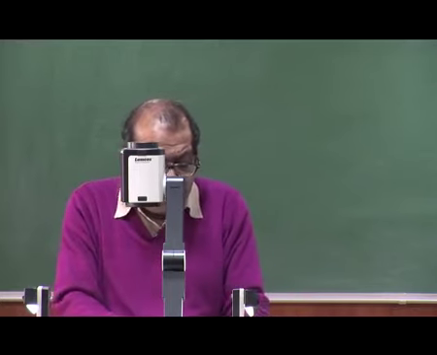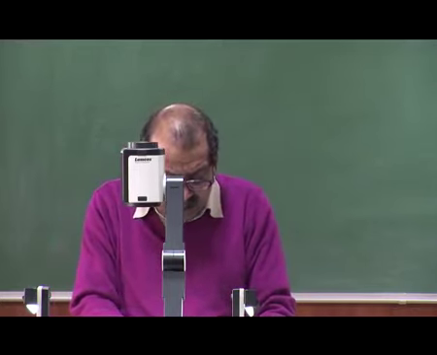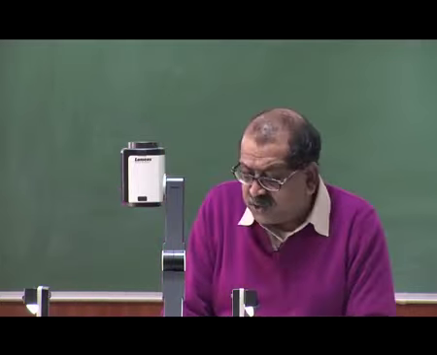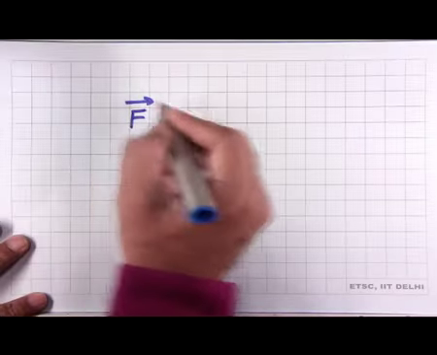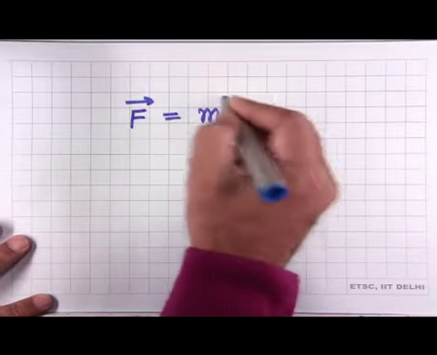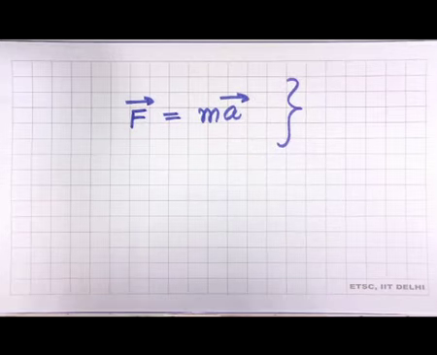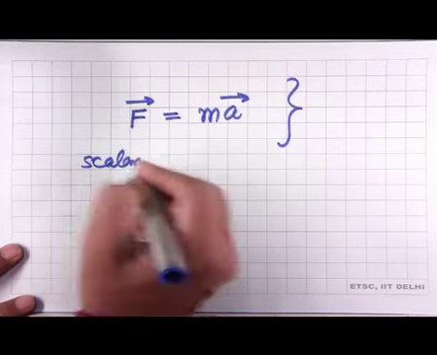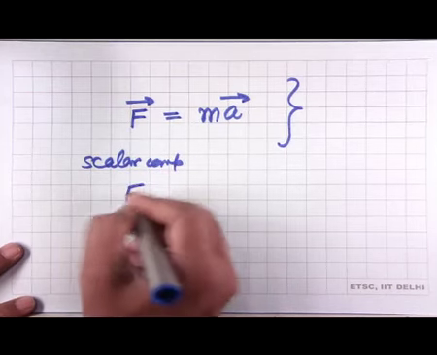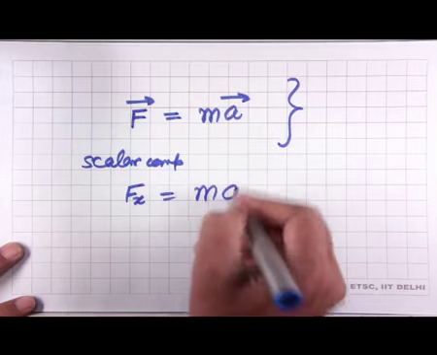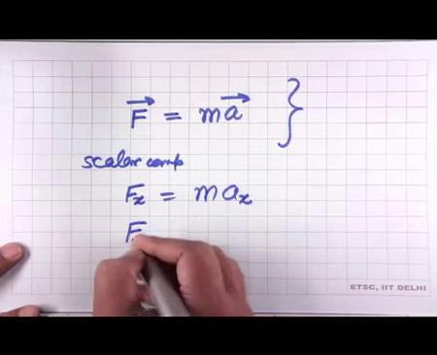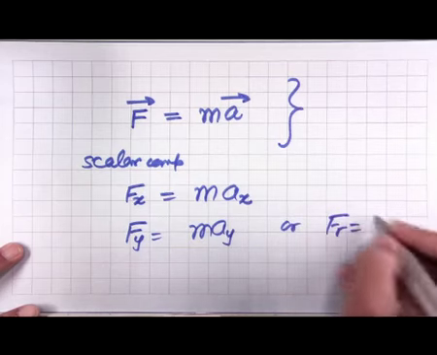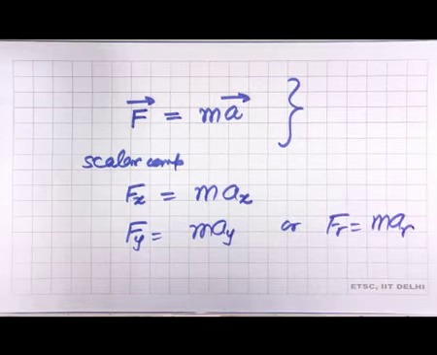So, what we have seen is we have looked at problems involving forces on bodies, and to solve these problems of mechanics, we are using the equation F is equal to ma. This is a vector equation. We divide it into its scalar components: Fx is equal to mass times acceleration in the x direction, Fy is equal to mass times acceleration in the y direction, or Fr is equal to mass times acceleration in the radial direction.